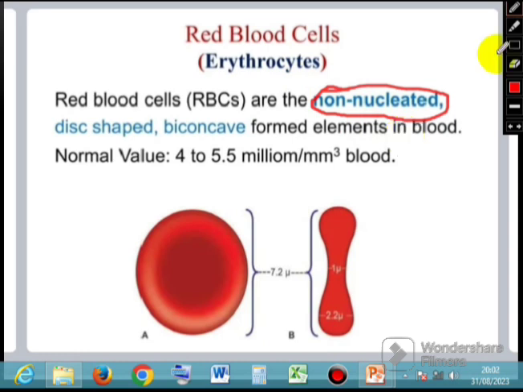The red blood cell contains hemoglobin, which is responsible for the red coloration of blood. What is the color of white blood cell?